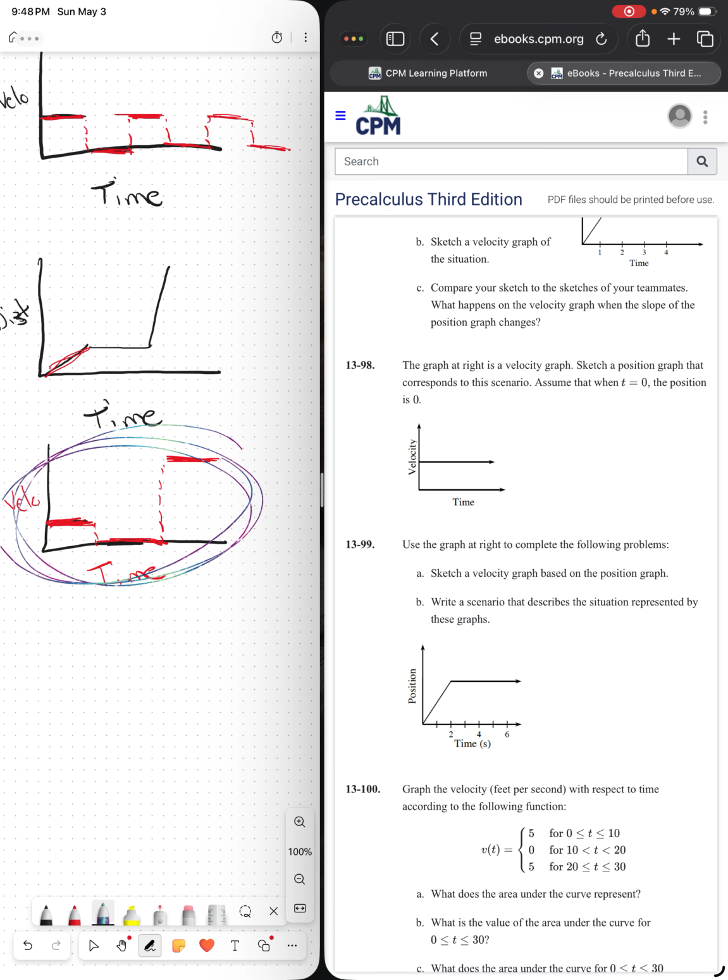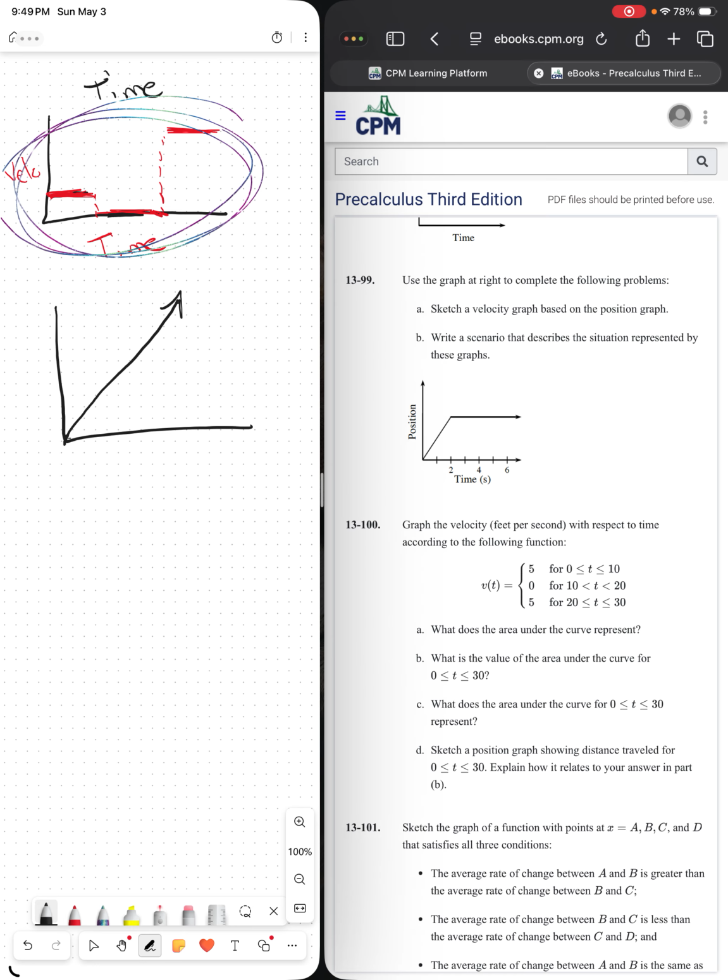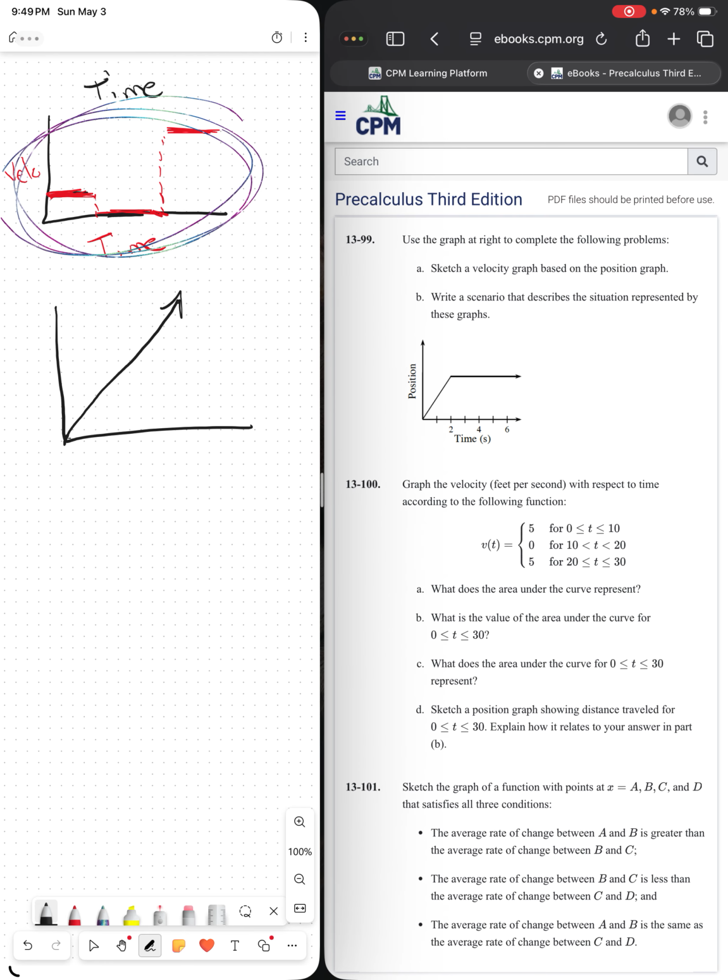98. The graph is a velocity graph. Sketch a position graph. So anytime you have a constant velocity, your position is just going up. It's just a linear, straight line function, increasing. 99, use the graph at the right to complete the following. Sketch a velocity graph.